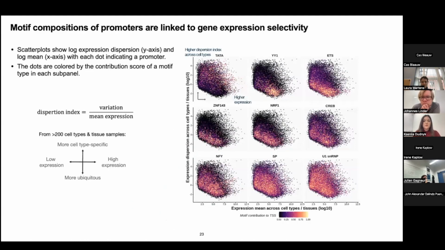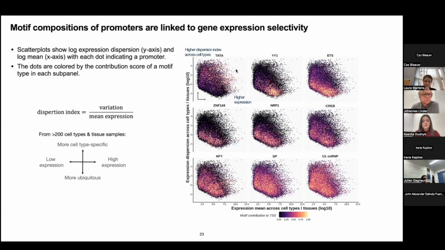And what we noticed is that the composition of the promoter is linked to the expression selectivity of the gene. We computed this dispersion index. This index is the variation of promoter expression across tissues relative to the mean expression of this promoter. And we plotted it.